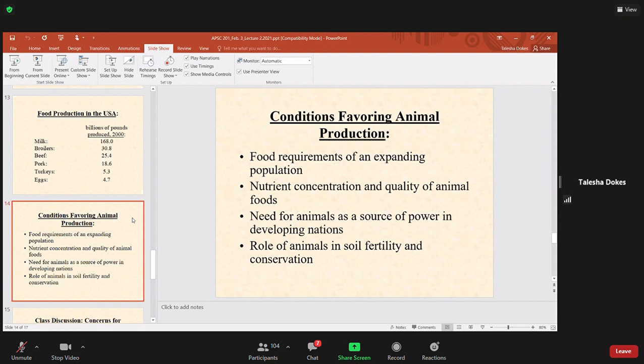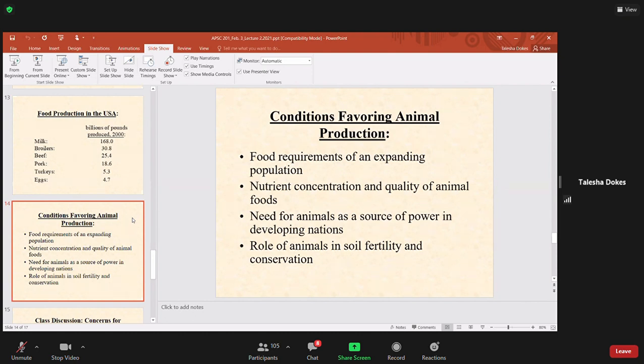The nutrient concentration and quality of animal foods are more efficient than plant products. And so that's why people favor animal products over plant products to consume, because the quality and efficiency of what you get out of it and what your body needs is higher than plant.